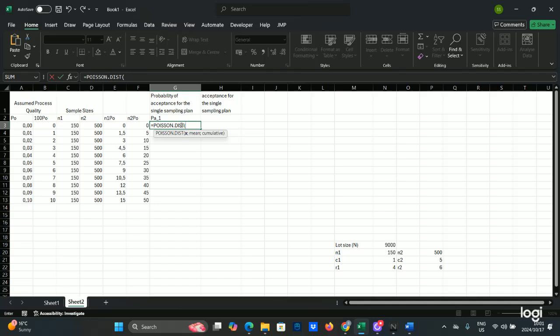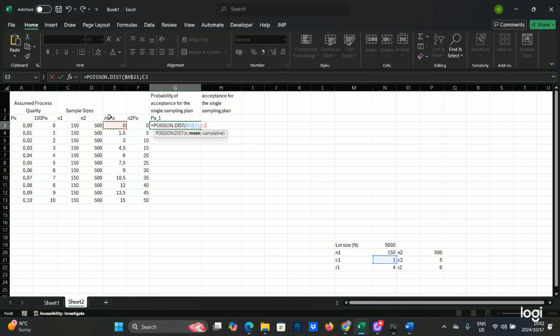You're going to put it as the acceptance number so that it's consistent throughout the different proportion defectives. You fix this cell here, and then a semicolon, and then your mean is going to be given by your NPO one, which is the average number of events, assuming that they find different proportion defectives.